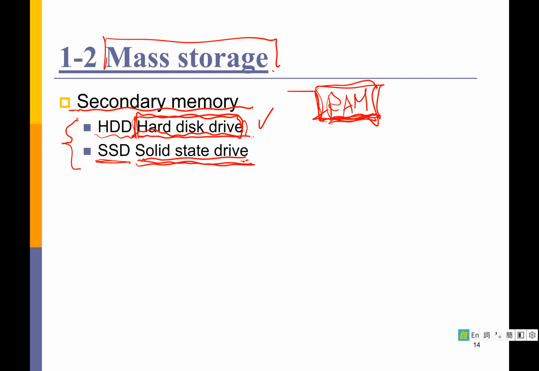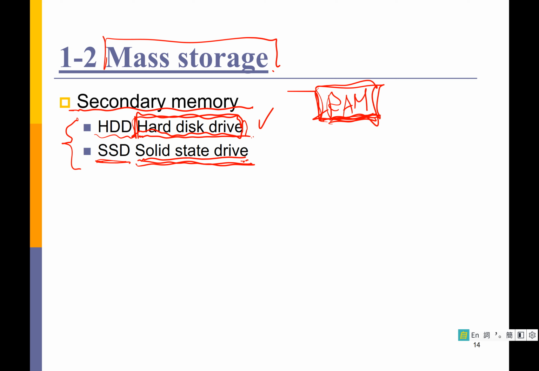So it's kind of slow, but it has a very important advantage. When you turn the power off, the information in the hard disk drive will remain, which means the next time you turn on your computer, you can still get the information you saved previously.